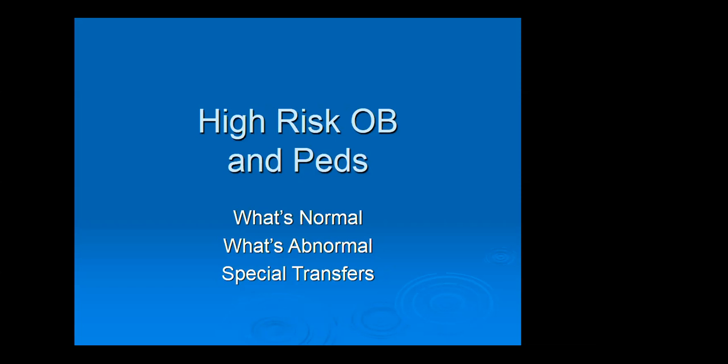But in any case, this is just a high-level overview of transport considerations, and then an intro to resuscitation, and you would need to get more detailed in the other.